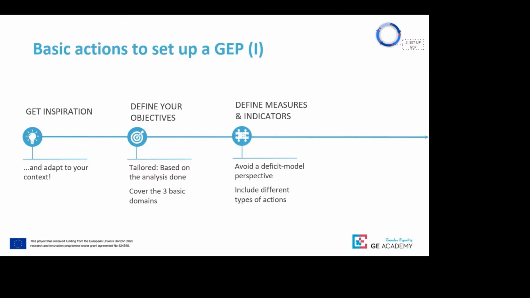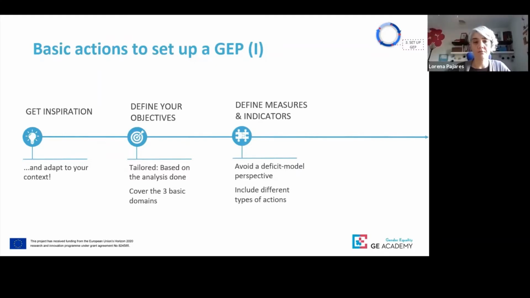Okay, next, we need to define measures and indicators, okay? And at least we should have one per objective. So what are the basic requirements here for our measures? The measures must be based on the empirical problem analysis that we have done, our gender analysis. They should address at least one of the gender equality objectives explicitly.